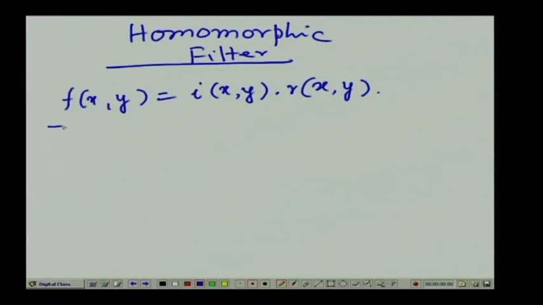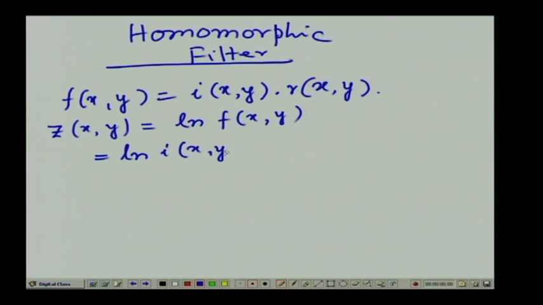So, what we do is we define a function, say z x y, which is the logarithm of f x y, and this is nothing but logarithm of i x y plus logarithm of r x y.